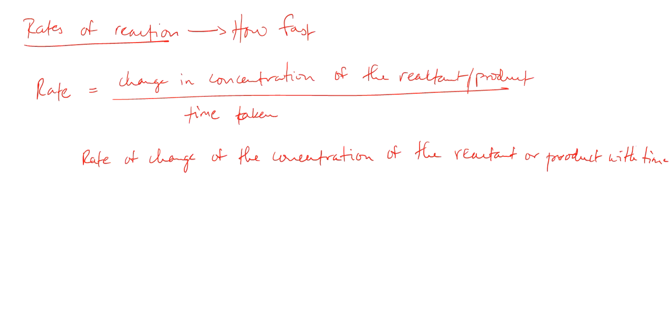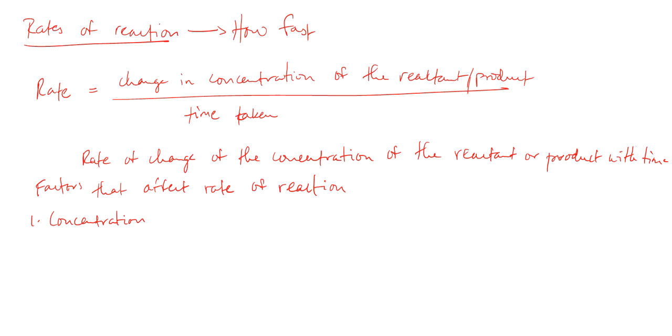What you need to know as well are the factors that affect the rate of a reaction, right? So the factors that affect rate of reaction are: 1, concentration, right?